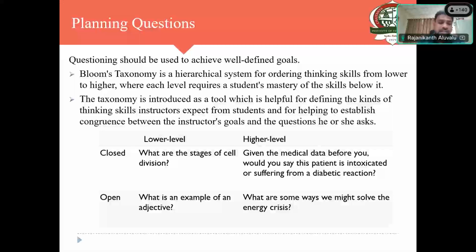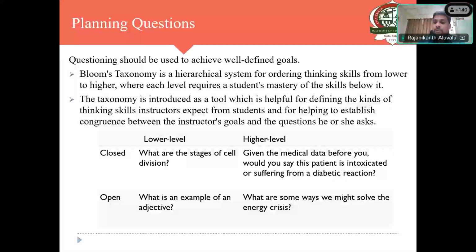The other side, when I talk about an open-ended question, just look at it, it says, what is an example of an adjective? So when this question comes, it's open-ended. The student has the freedom of taking an example of his choice and demonstrating what exactly an adjective is. But still, this is a lower level.